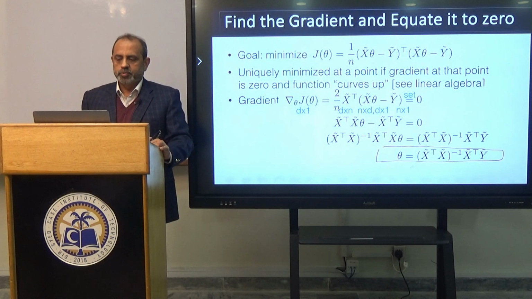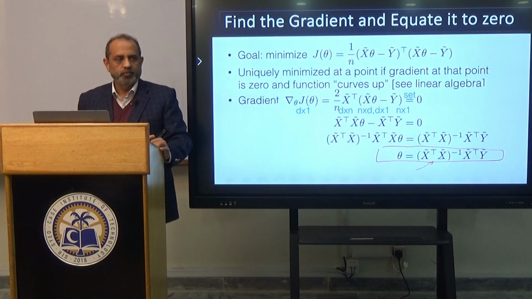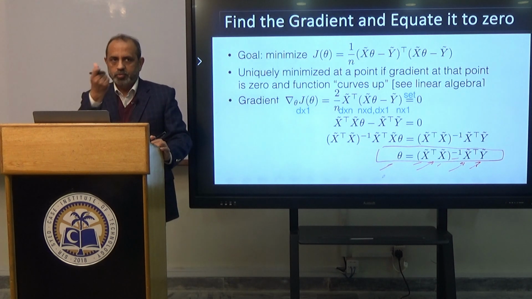Wow. So these are your features. Remember, x is your feature vector. This feature vector multiplied by its transpose will give you a matrix. You take the inverse of the matrix. This is again a feature vector, and this is your actual value vector. That will give you all the thetas in one go.